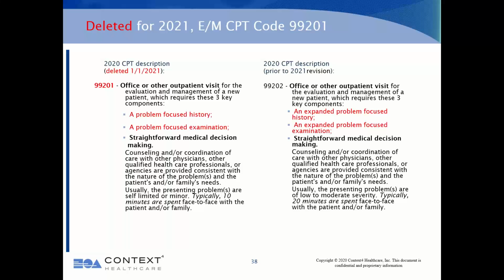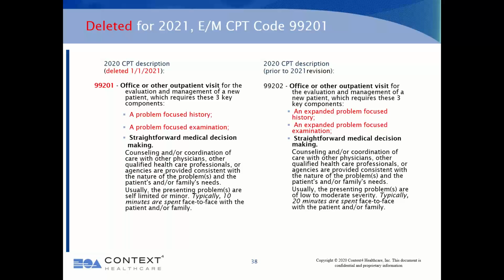Okay, now I would like to switch gears and talk about the deleted codes for 2021, starting with the E&M CPT Code 99201. To better visualize why 99201 has been deleted for 2021, I'd like to first show you on this slide the 2 2020 descriptions for 99201 on the left and 99202 on the right.